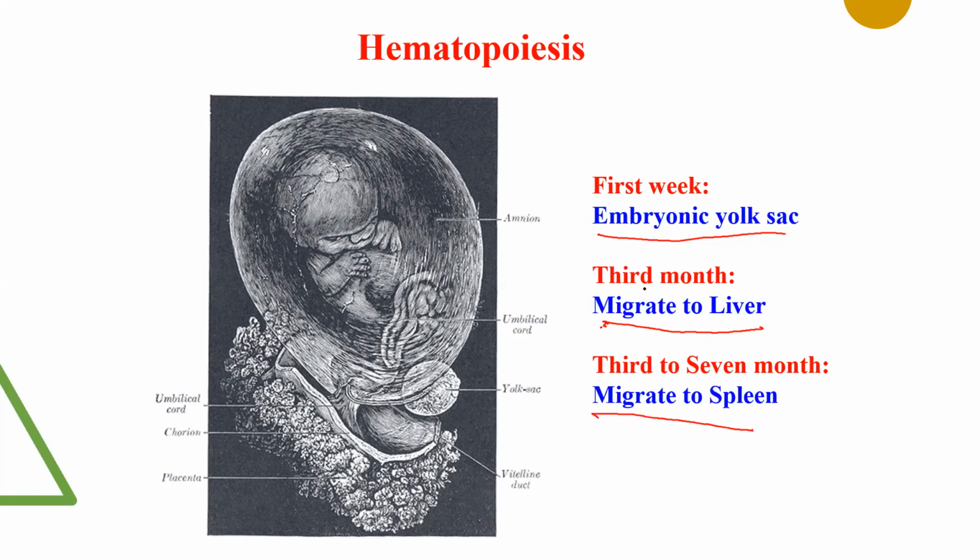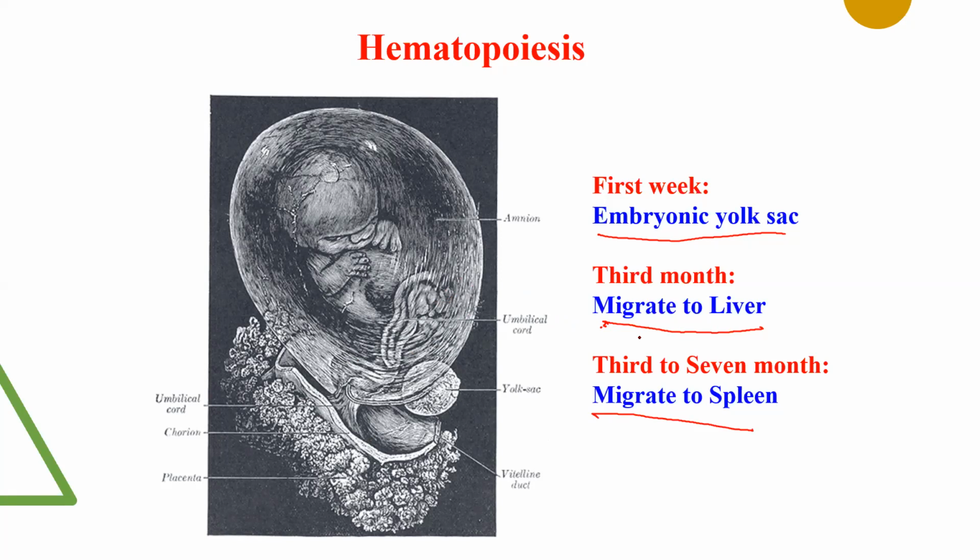So during development, hematopoiesis is occurring in different regions. It starts in the embryonic yolk sac, then in bone marrow, and from bone marrow the T cells migrate to the thymus in the first trimester of pregnancy, the other cells migrate to the liver, and by the late trimester, they migrate to the spleen.